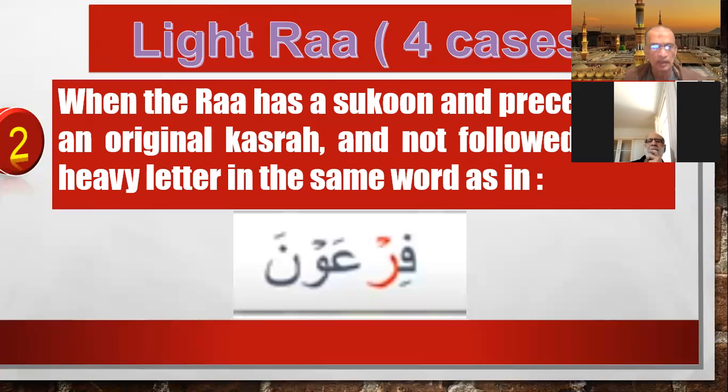Again, read this slide. Light ra has 4 cases. The second case is when ra has a sukoon and is preceded by an original kasra and not followed by a heavy letter in the same word, as in Fir'aun.